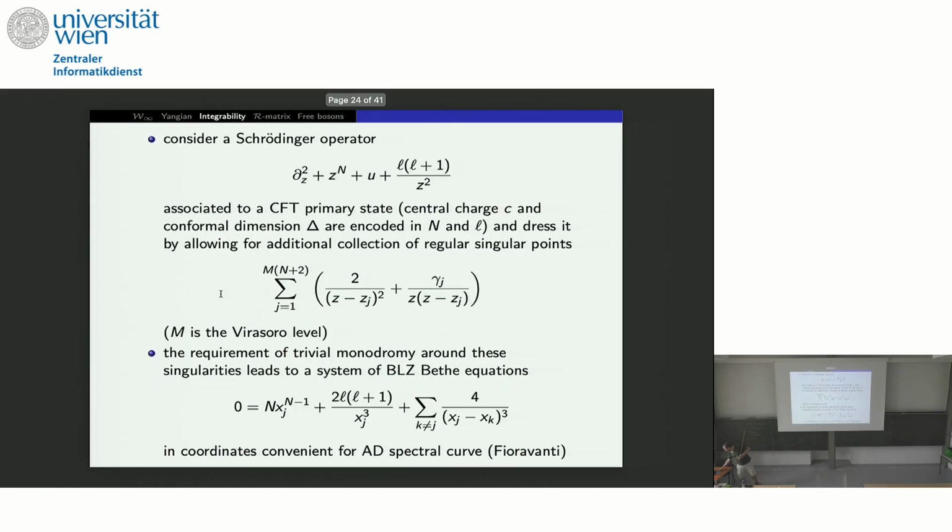So maybe the only thing that I can say in the remaining 5 minutes is this answer by BLZ. What these people studied, inspired by the ODE-IM correspondence, were differential operators of this type.